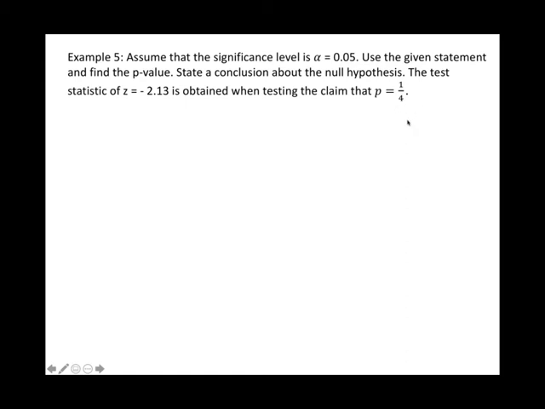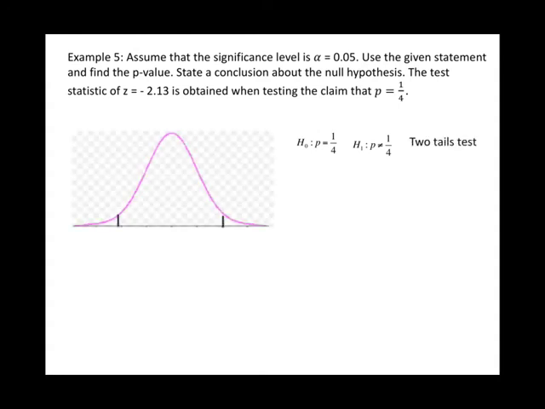So first, write the null and alternate hypotheses. Equal goes to the null hypothesis. What is the alternate hypothesis? The opposite of this, so that will be not equal to. So left tail, right tail, or two tail? Two tail.